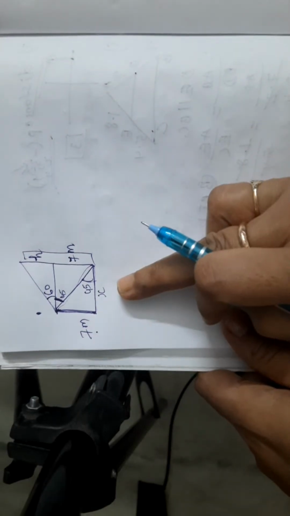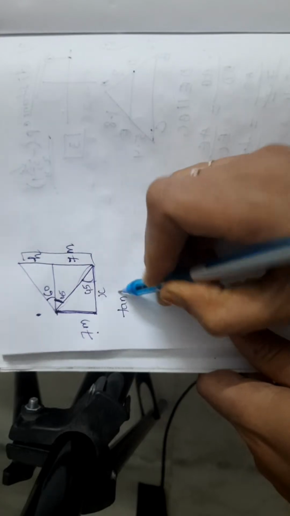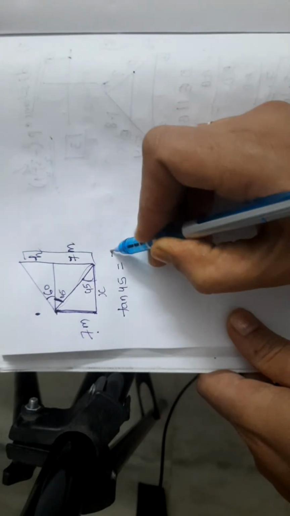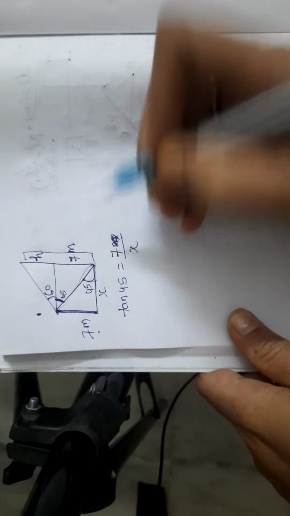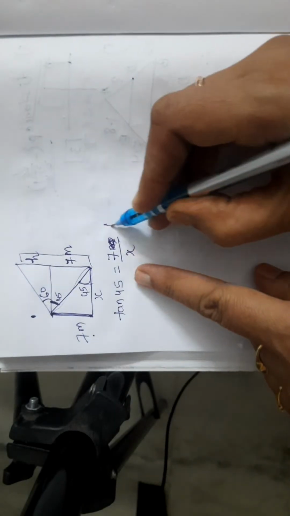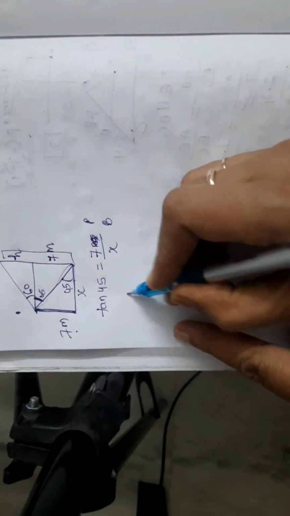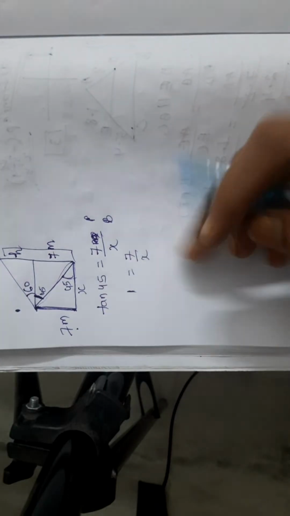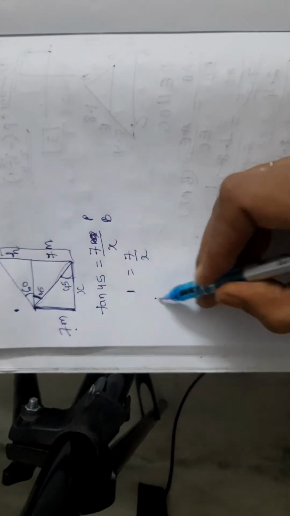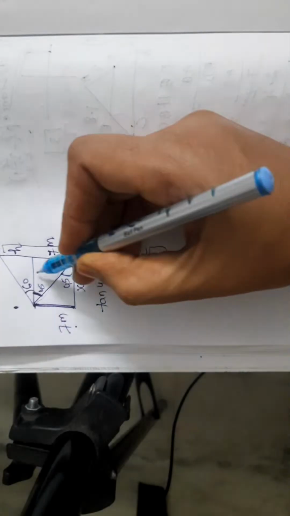Here perpendicular and base come in the relation of tan. So tan 45 is 7 meter upon x. Here the unit is no need to write, perpendicular upon base. Tan 45 is 1 from the trigonometrical table. So it's 7 by x, having cross multiplication. Therefore the value of x is 7. This we can use here.